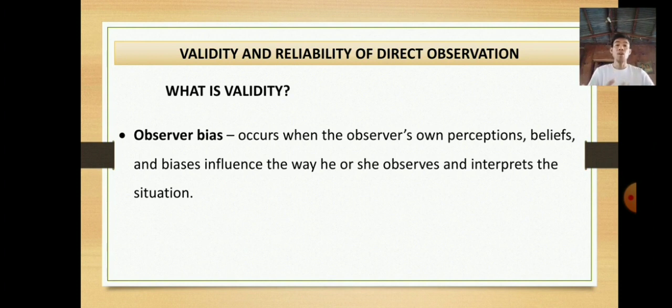So, occurs when the observer's own perception, beliefs, and bias influence the way he or she observes and interprets the situation. So, syempre, parang ako, mayroon akong own perception, my own beliefs ako. Syempre, parang ako na mismo yung maglalagay doon sa may result. So, hindi naman pwede yun. Hindi dapat ganun yung mga nag-observer.